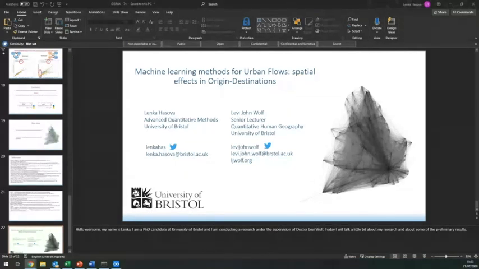Although it's mainly used, as I said, for ranking pages on a website, it seems to be so well fitted to our issue of the spatial structure in the flow network. I haven't seen anybody using it so far. Maybe I have seen one paper with the suggestion that this could be good to use for this purpose. And so I need to build more of a theoretical base for this, if that answered your question.